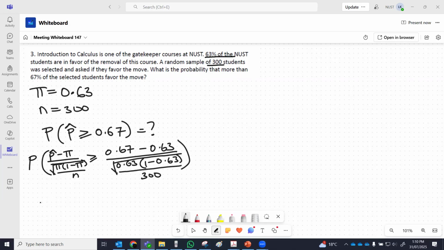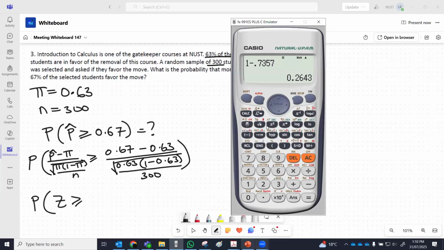Okay, so we have the probability. This is our transformation. So this is just Z. And this one here, we work out on our calculator. Let's see what we get.